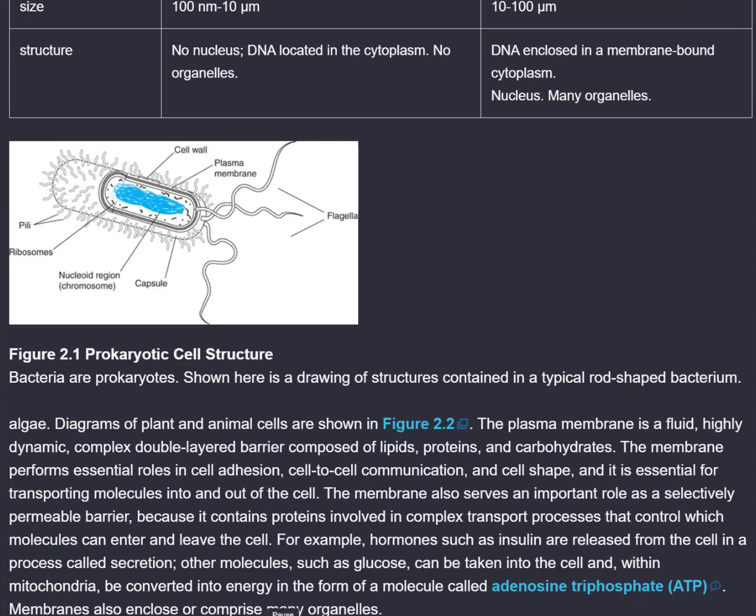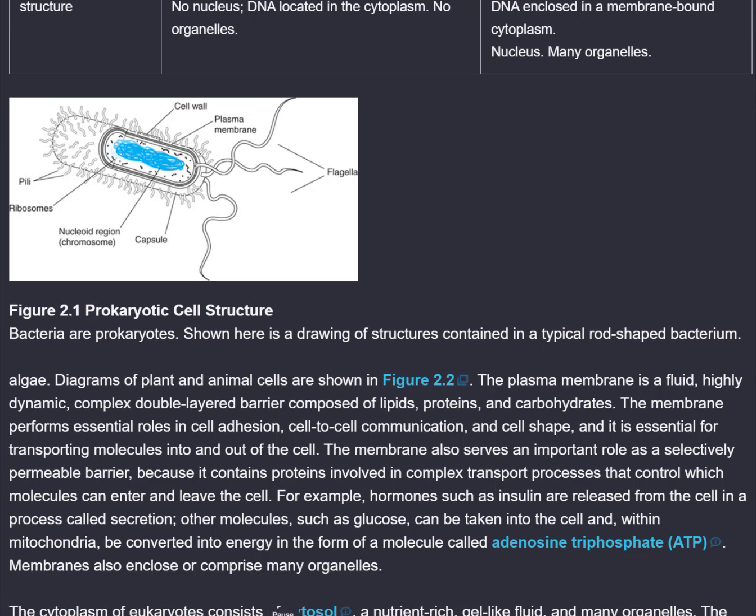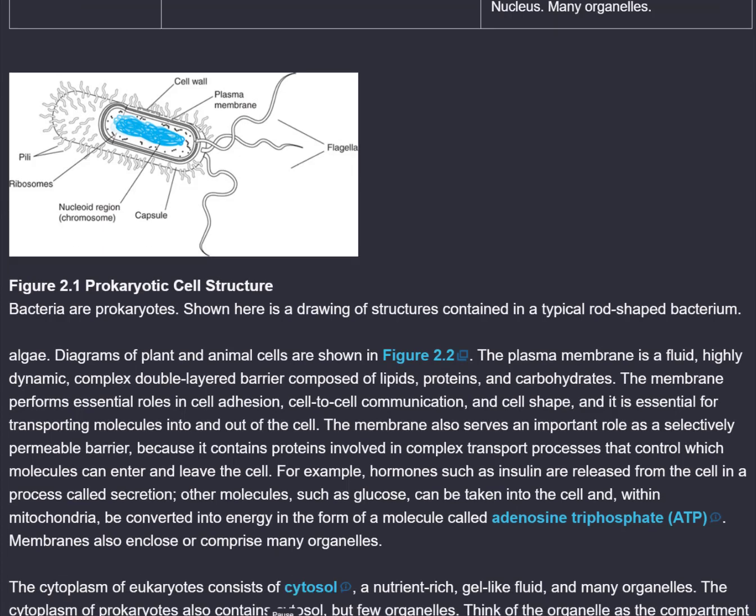Size: 100 nm to 10 μm. 10 to 100 μm. Structure: no nucleus, DNA located in the cytoplasm. No organelles. DNA enclosed in a membrane-bound nucleus. Many organelles.